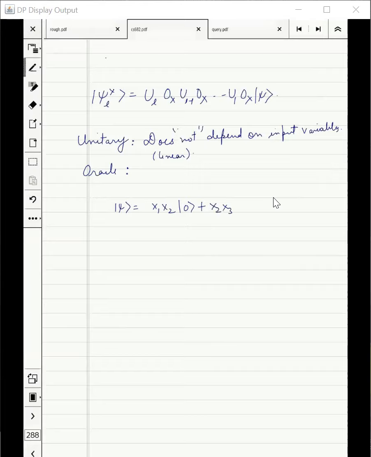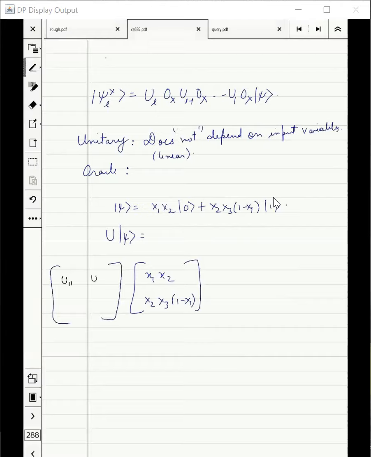Suppose I apply some unitary. That means I have these amplitudes, and then there's a 2 by 2 matrix, U11, U12, U21, U22.